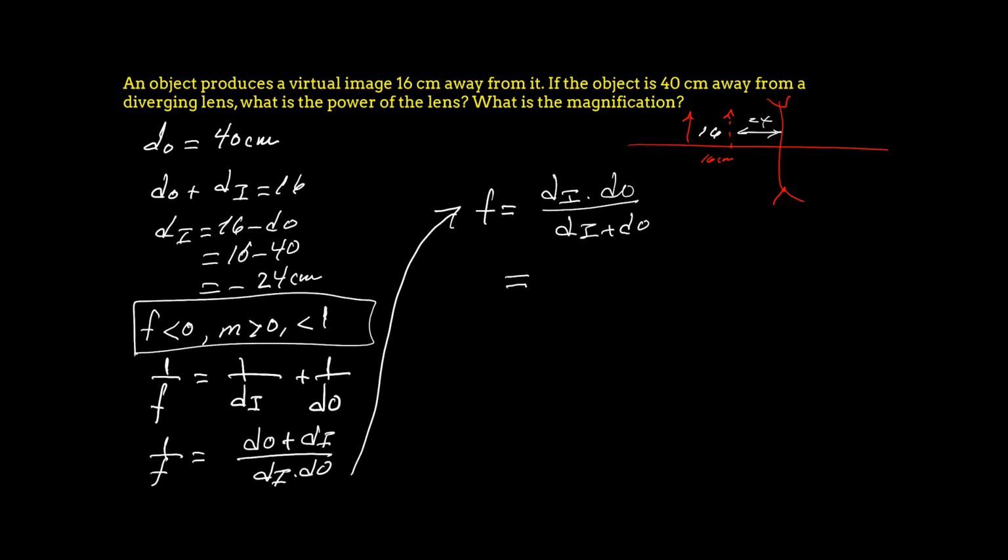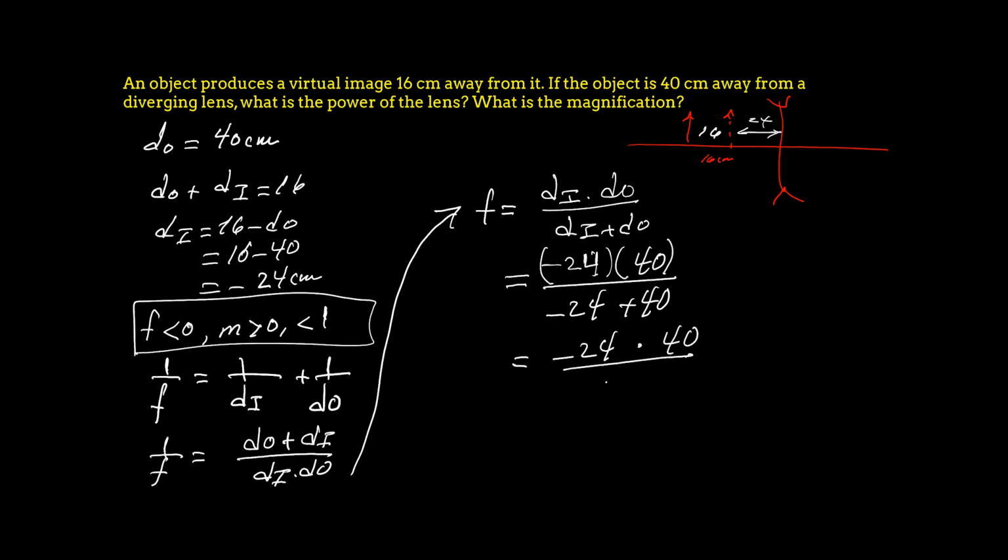Let's plug them in. D_I is negative 24, D_O is 40, over negative 24 plus 40. So here we have negative 24 times 40 over 16.